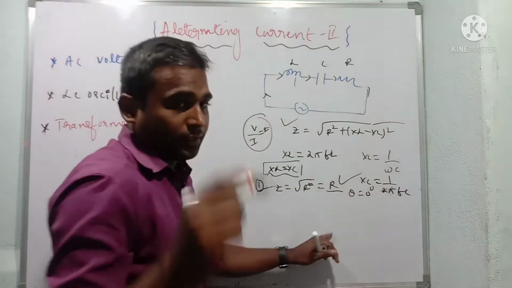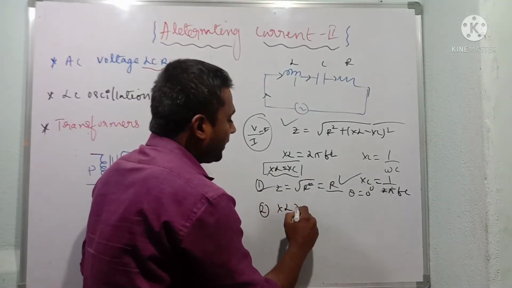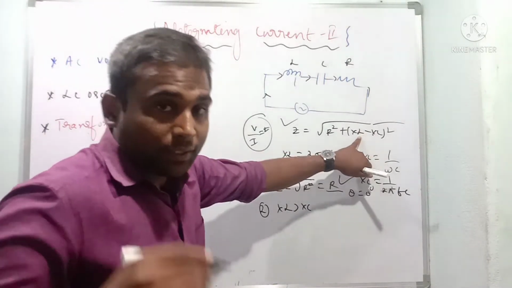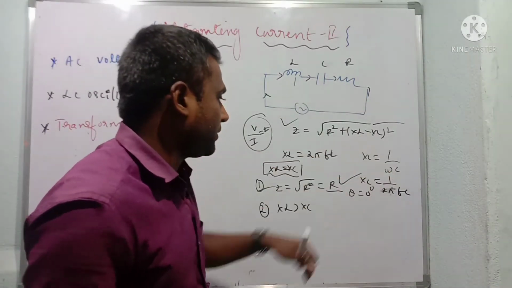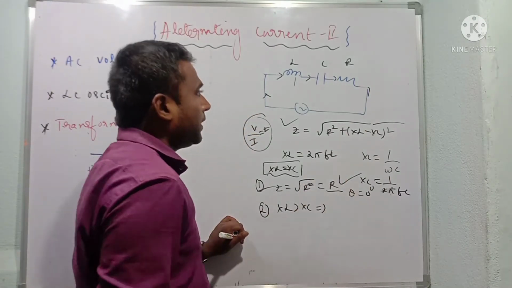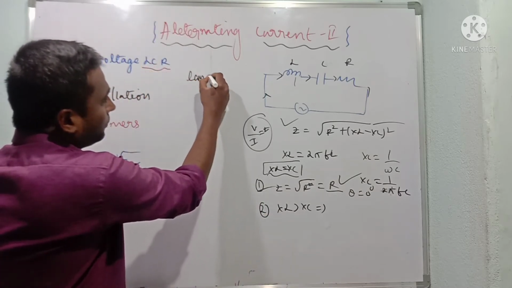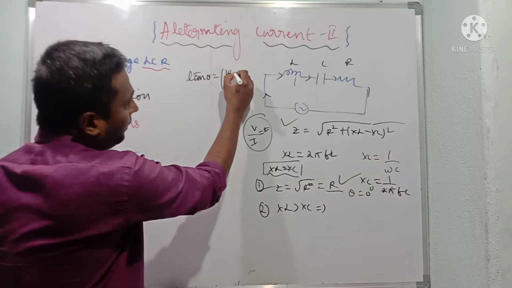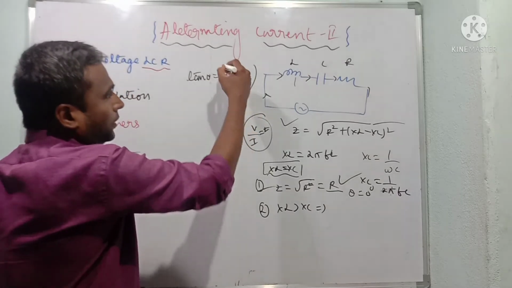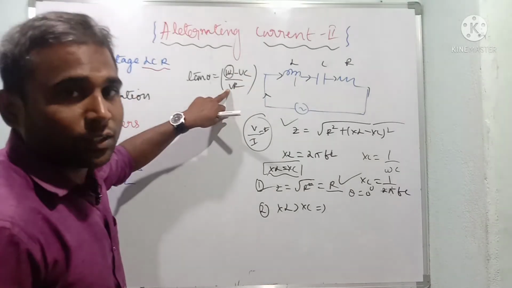Remember this first case. Second case, if XL is greater than XC, that is, inductive reactance is greater than capacitive reactance, before that we should remember one more formula, the phase angle: tan phi is equal to (VL minus VC) divided by VR. This is the voltage in the inductance, voltage in the capacitance, and voltage in the resistor.